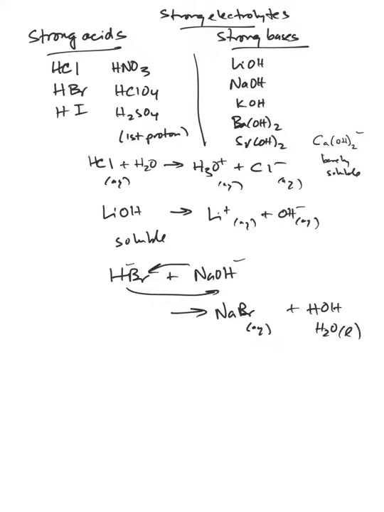The fact that this is soluble, totally soluble, means that the net ionic equation, which is the one that removes the spectators, is simply this. The H+ plus the OH- goes to H2O. Okay.